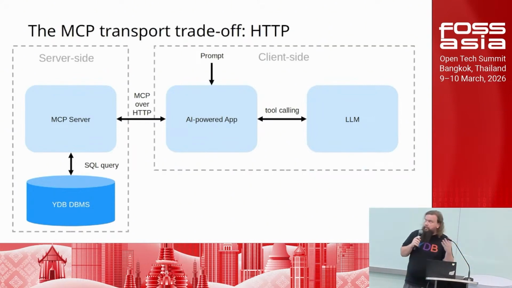And the tricky part here is the transport of the MCP protocol. So there are two options. The first one is HTTP based, you can see on the slide, and in this case you don't have any MCP server or MCP server specific code running on the client side at all.